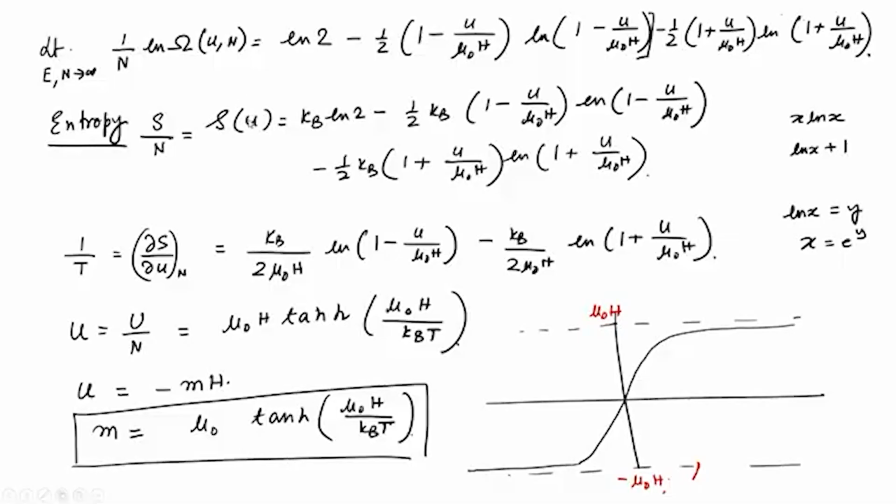Okay. All right. So we have done a few interesting examples, the classical ideal gas, then these spin systems, and let me do one more example.